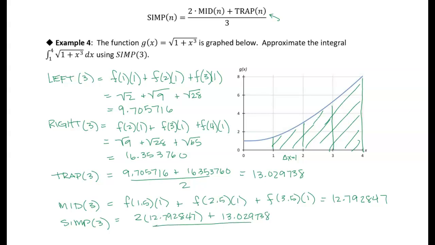And I'm going to divide that by 3. Okay. And what I end up with is 12.871811. All right. That's a lot of work for one number, but that's my final answer: 12.871811. Okay, so that's the Simpson's rule approximation of that integral.